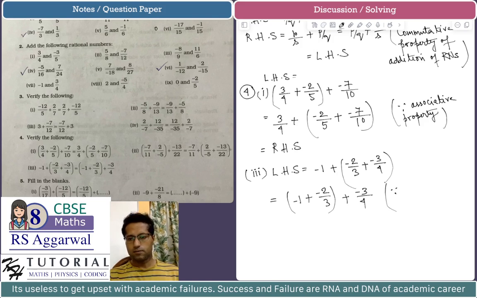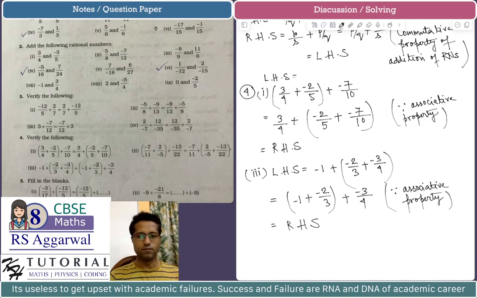This is using the associative property. I am not writing the full sentence that needs to be written. It should be associative property of addition of rational numbers. Now this is nothing but the RHS of the given equality to prove, hence it is proved.